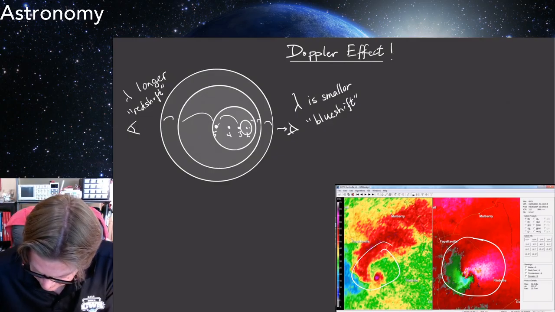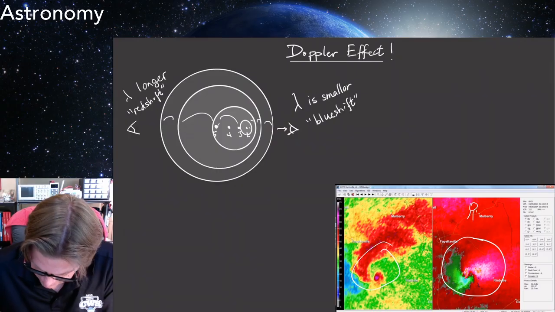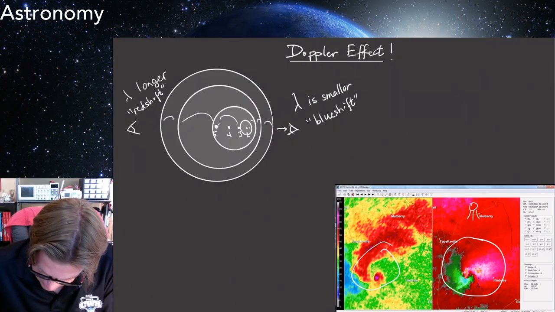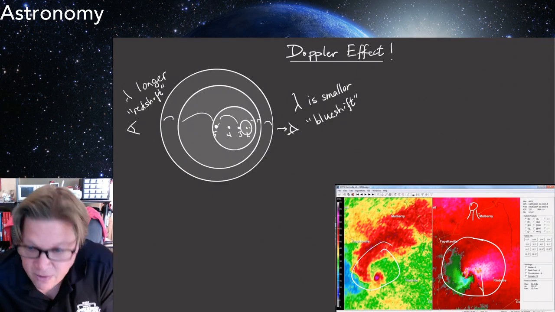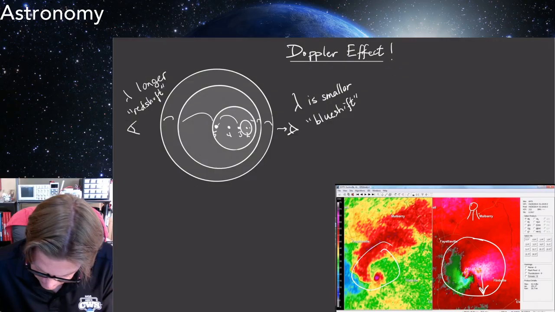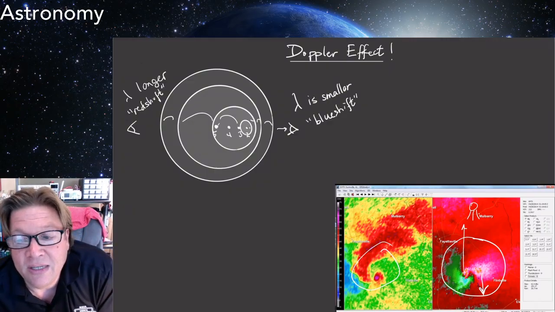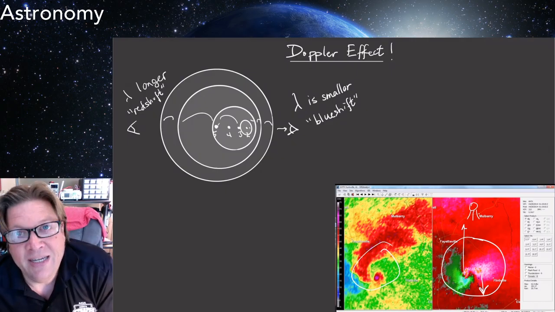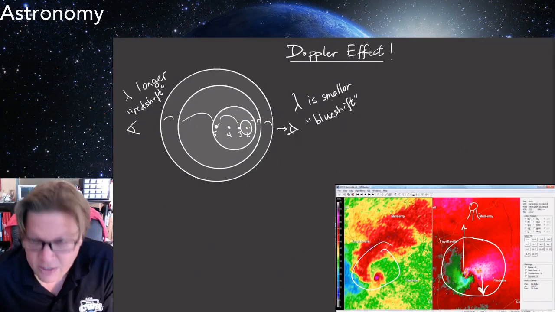Let's suppose the radar is up here. This is a part of the storm. The red is a part of the storm that's going away from the radar, and the green is a part of the storm that's going towards the radar. What they look for is a really tight pattern of something that's going away and something going towards, close together.